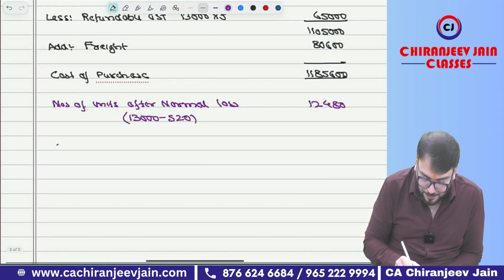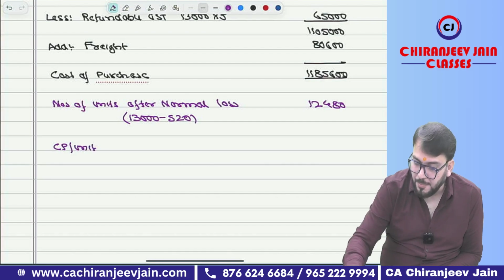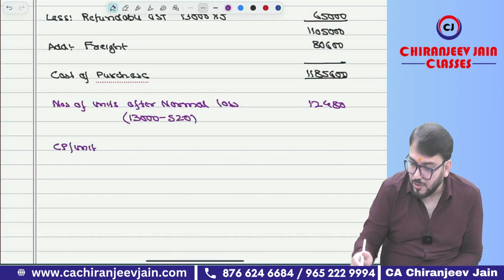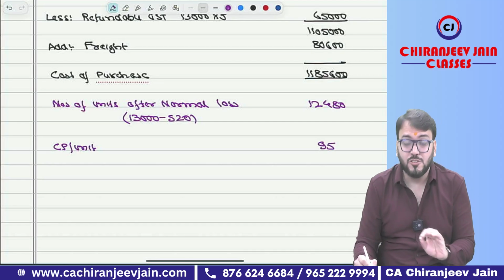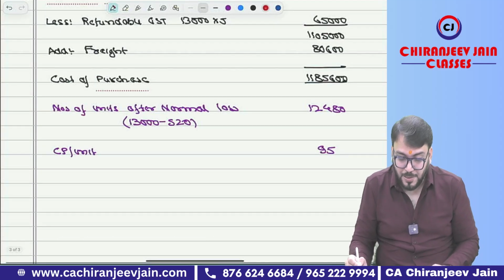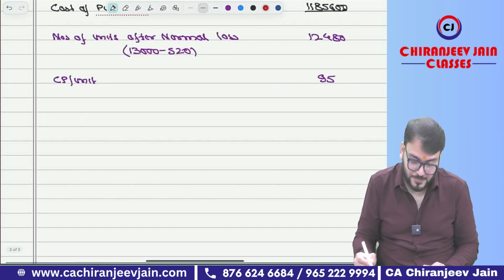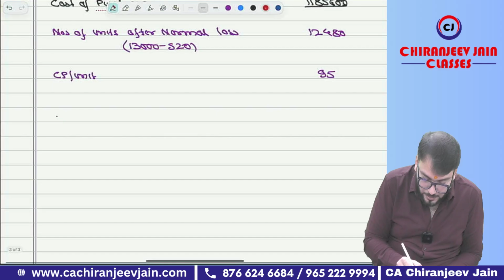What is the cost price per unit? The cost price per unit will be 11 lakh 85,600 divided by 12,480 is equal to 95 rupees. So 95 rupees per unit is the cost price per unit. Okay, sir. Got this point?